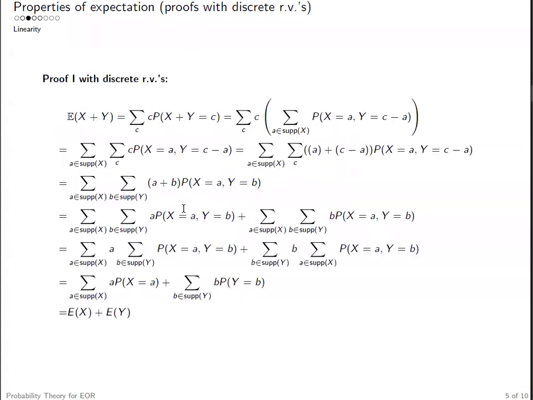Let's take a look at the first proof with discrete random variables. Well, the formula looks a little bit messy and lengthy, but bear with me, it's actually quite simple to go through everything. I will be a little bit slower here to make sure you can follow. So let's start with the expected value of X plus Y. We know X plus Y is a new random variable.